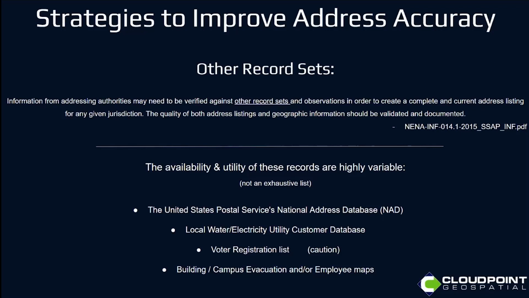Obviously, political lists need to be approached with caution. Then building or campus evacuation plans or employee maps, or grounds crews. All of those are valid and useful data sets that you can then bring in and update the address point data.